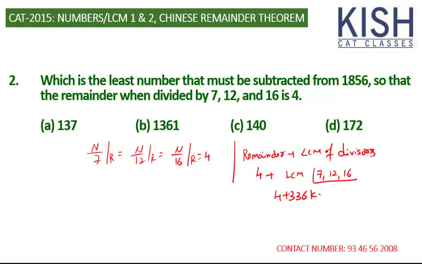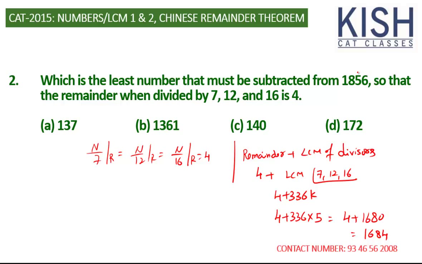Now this is a number which is closer to 1856, but we need to subtract some number from 1856. So what we can do is take 4 plus 336 into 5, that will give us 4 plus 1680. So the number must be 1684. However, the number given is 1856.